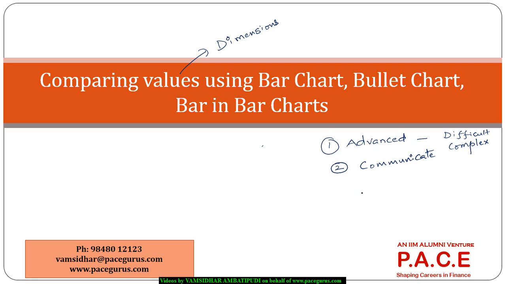So when I'm using the word advanced, what is very much required is knowing when they should be created. What is the purpose? Under what scenarios should I create these kinds of charts? Why should they be created? What makes them different compared to the other kinds of charts?